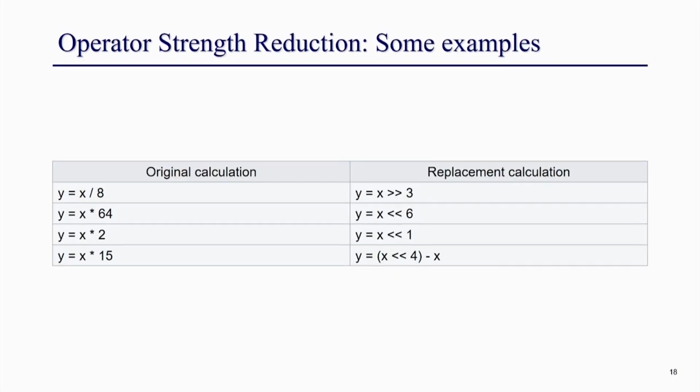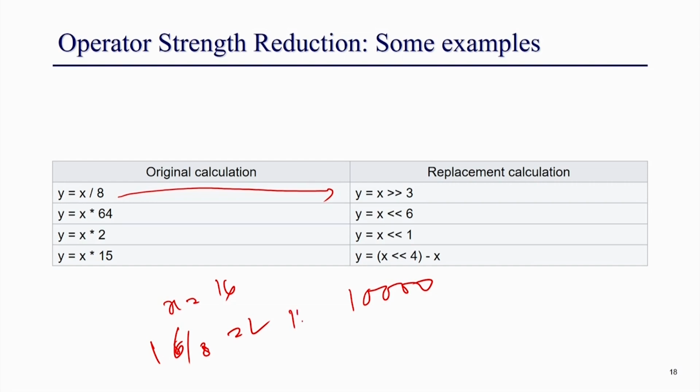We might have some other cases of operator strength reduction. For example, if you have a division operation, division is basically a right shift. Suppose x equal to 16, and you are doing x by 8, so 16 by 8 is basically 2.